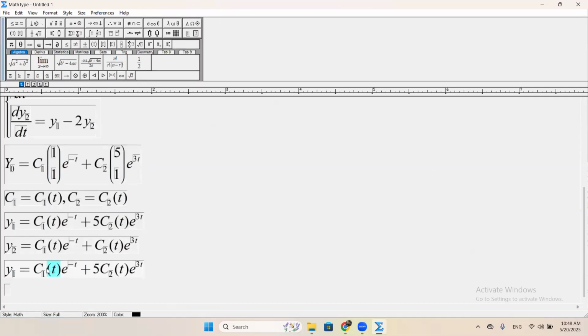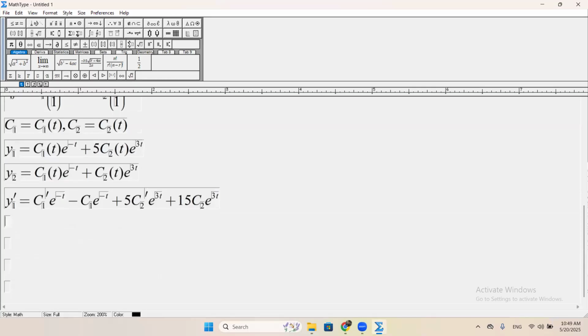So y1 prime equals C1 prime e to the power of minus t minus C1 e to the power of minus t. And here 5C2 prime e to the power of 3t plus 15C2 e to the power of 3t.